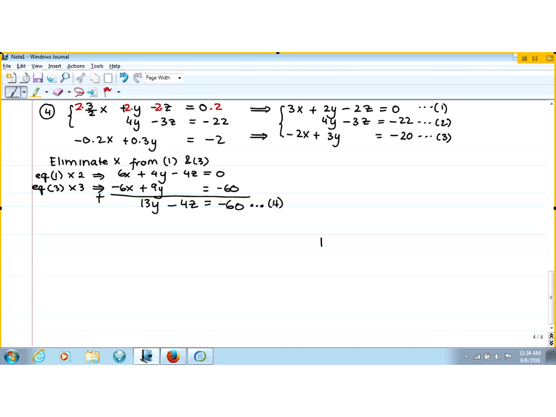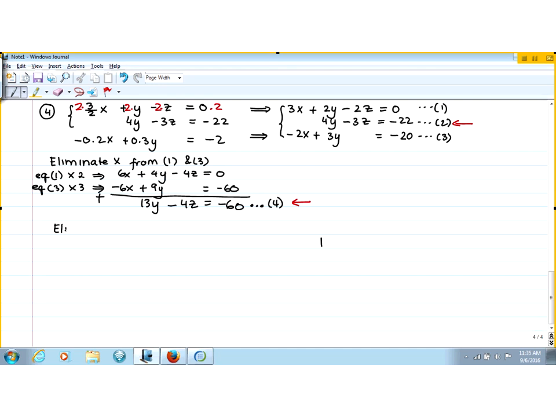We don't have a 2 by 2 yet? Yeah, we do. We have a 2 by 2. Which equations? Yes, 2 and 4. So this is your 2 by 2, right? You have y and z for both.